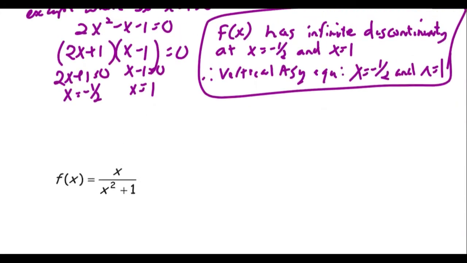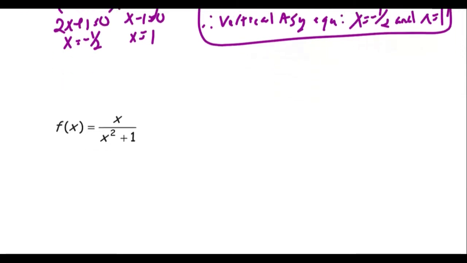Okay, see if you're still copying. Try this one. f of x is equal to x divided by x squared plus 1. So we would usually try to do it everywhere where it's defined. This is a rational function, so it's continuous everywhere it's defined.